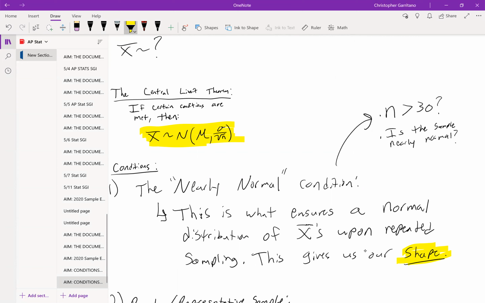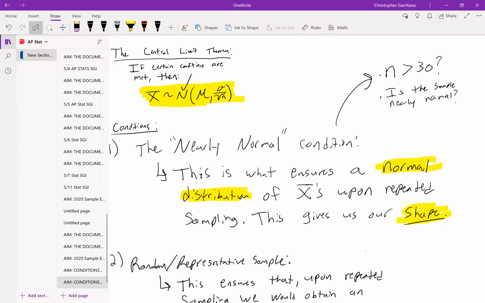Specifically, it ensures a normal distribution of Xbars, which is an incredible result, and it's one that is extremely useful. Again, like I said, when we're doing inference procedures. So the nearly normal condition is the condition that guarantees us the normal shape. There we go. Shape is satisfied.